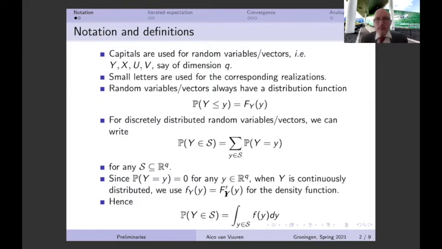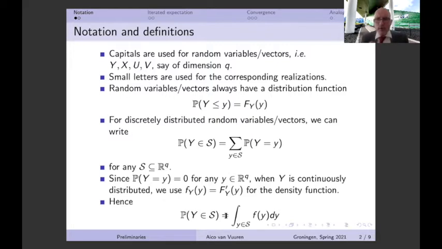If we know it beforehand, of course, we can always go for either this notation or that notation. But if we don't know it, then if we would like to do some mathematics, we always have to say: well, if the random variable would have been discretely distributed, then we are going to use this notation. And if it would have been continuously distributed, then we are going to use this notation.